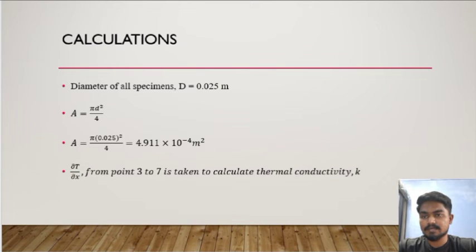Next, for calculations, we had the diameter of all specimens, which is d equals 0.025 meter. So using the area formula, which is pi d squared over 4, we get the area, and then delta T over delta x is the gradient from the graph we did before. So we simply take 0.3 to 7 to calculate the thermal conductivity.